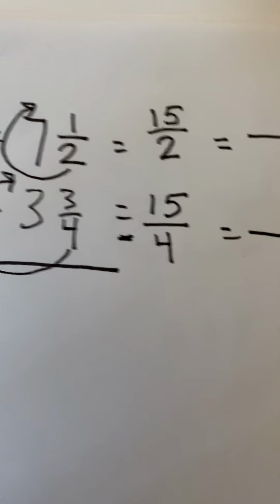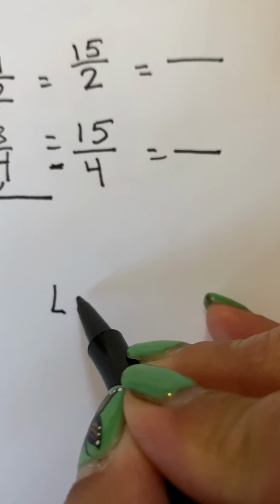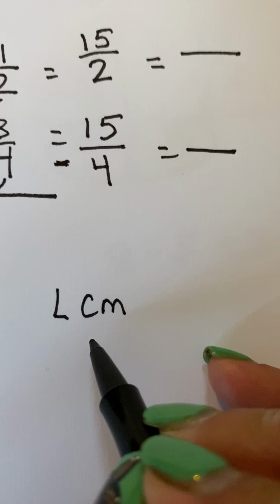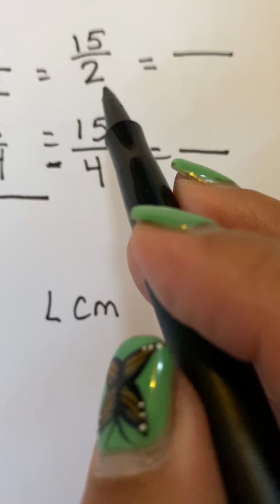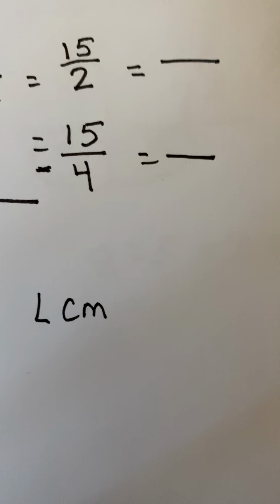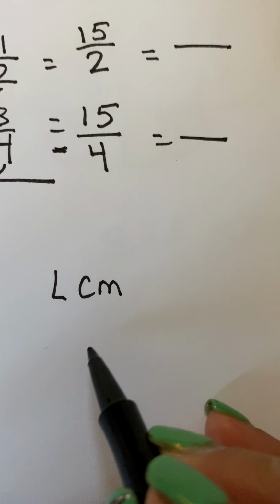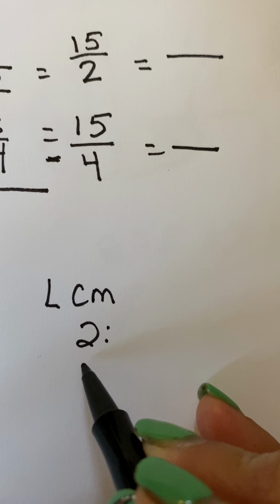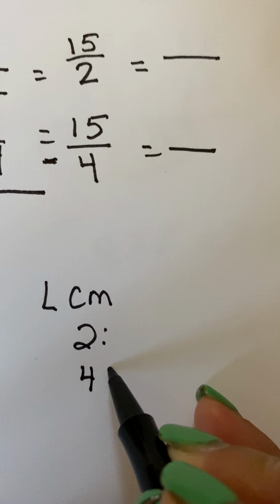The way to do that, you could use the LCM method, least common multiple, and just find a number that both the 2 and the 4 can go into. That's all you're doing. To do that, you can do a skip counting method.